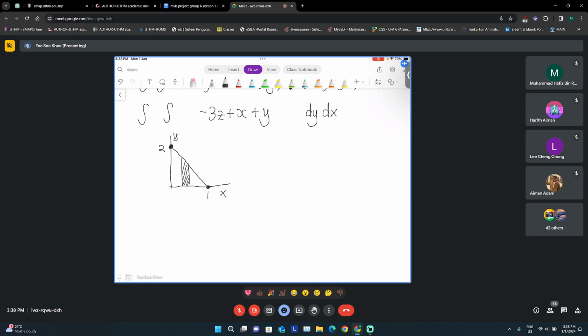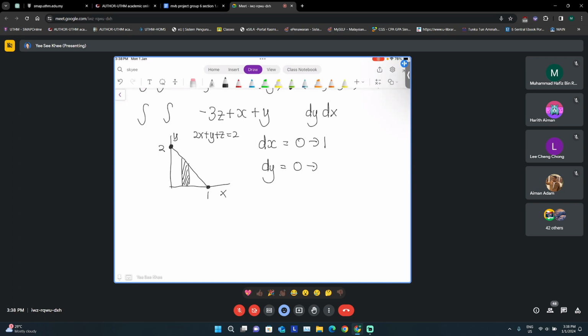So let's define the limits together. The x value will be from 0 to 1, and the y will be from 0 up to the equation of the line. The equation of the plane is 2x plus y plus z equals 2.